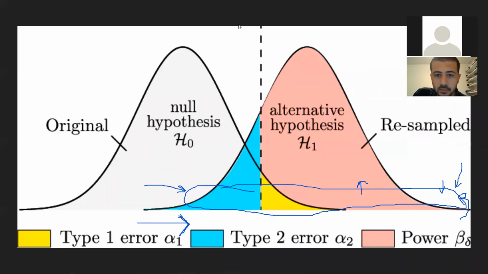You mean why there is the part of type 2 error above the line of the null hypothesis? Yes. Okay, you are hitting on the spot. Do I know where to put my line? I don't know, actually.